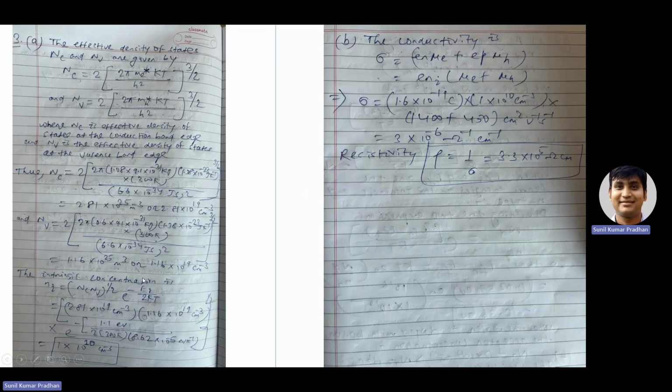Now, the intrinsic concentration is related to the density of states at the conduction band edge and valence band edge as ni equal to square root of Nc Nv, into e to the power minus Eg by 2kT. Here k is the Boltzmann constant and T is the absolute temperature. The band gap, as you know, for silicon is 1.1 electron volt.